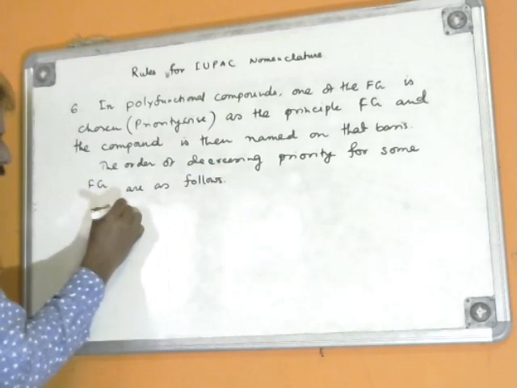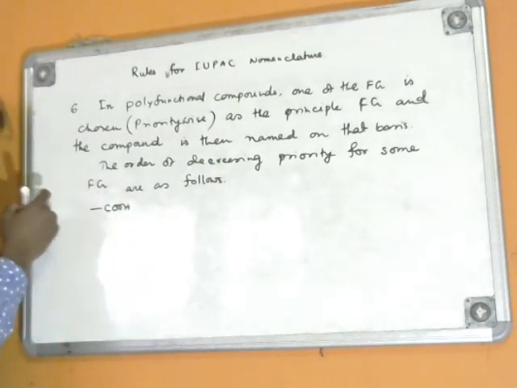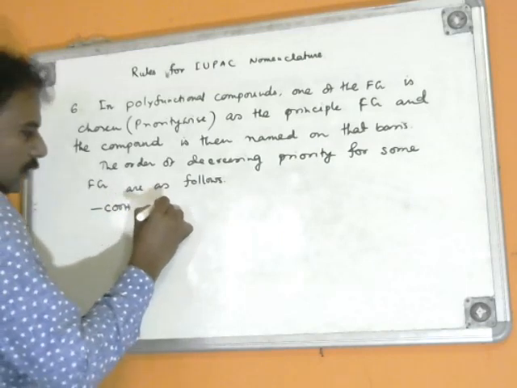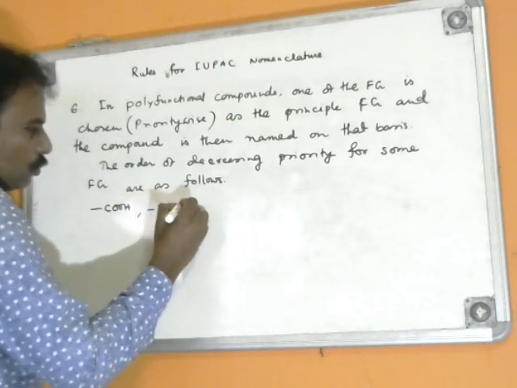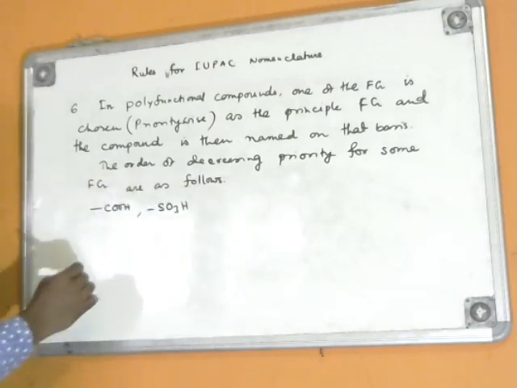So first one is COOH. This has the highest priority. Then SO3H, decreasing in order.